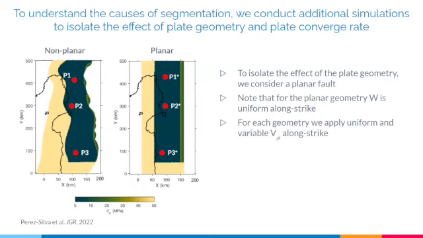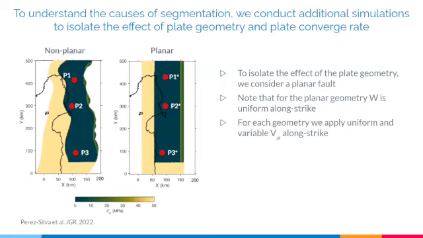geometry and the plate convergence rate. So apart from the non-planar fault, we consider then a planar fault. The main difference between the two is that W is constant for the planar fault.